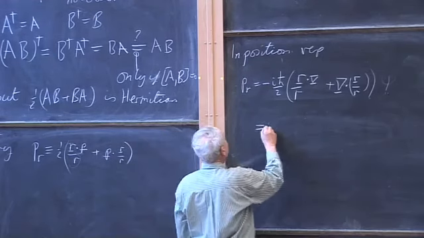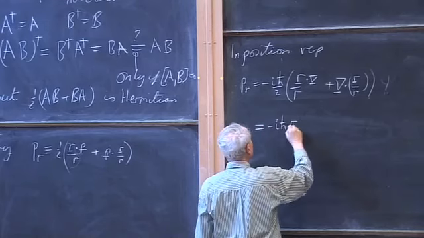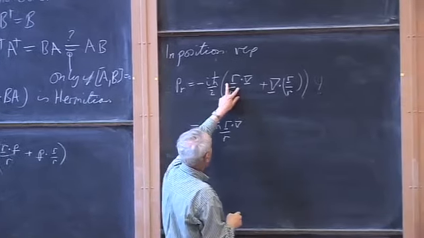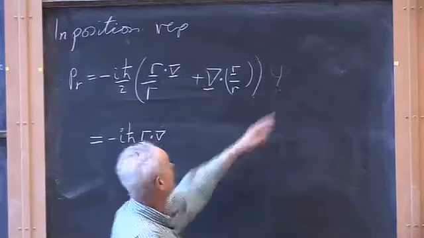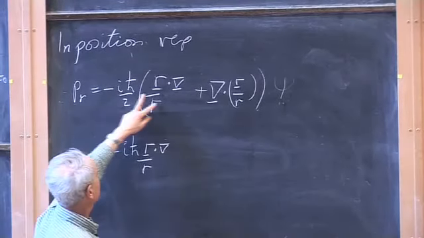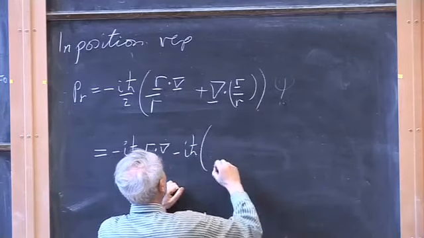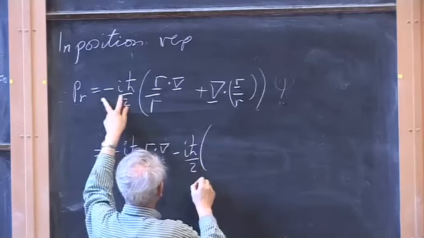So this is going to be minus i h bar r dot grad over r, right? So I'm taking this one that I've got and the one that I'm promised at the end of all this reduction here. So that's where the 2 went to. So that's those two. And now I've got these two bits, minus i h bar brackets. We're going to have over 2, sorry, that's this factor here.